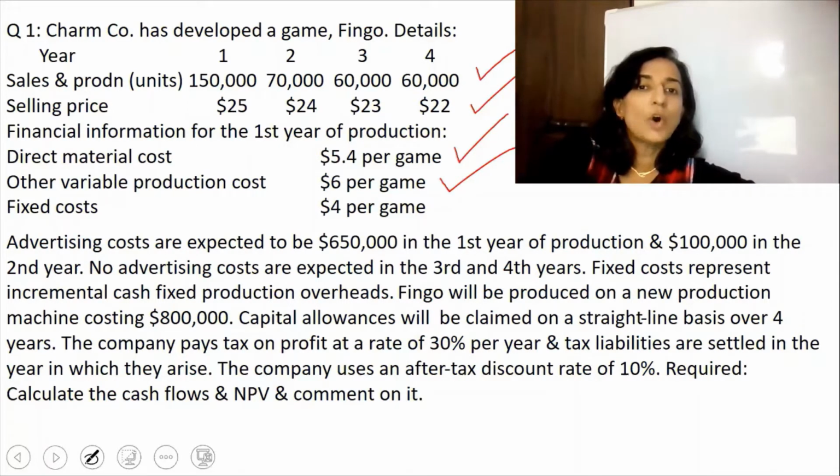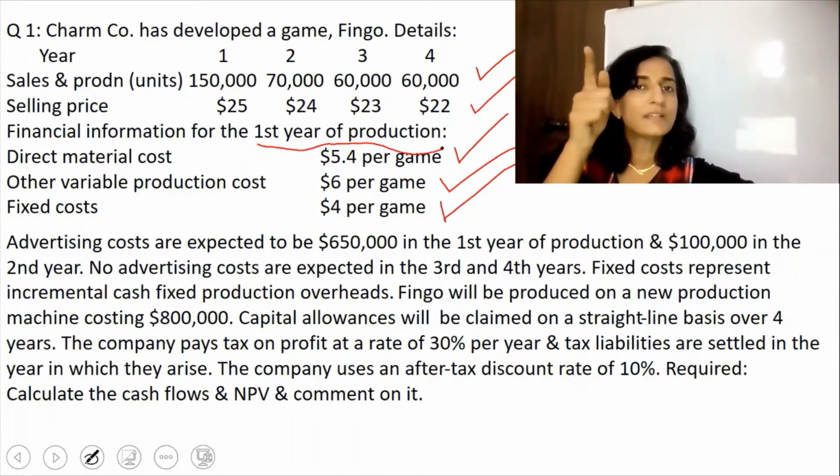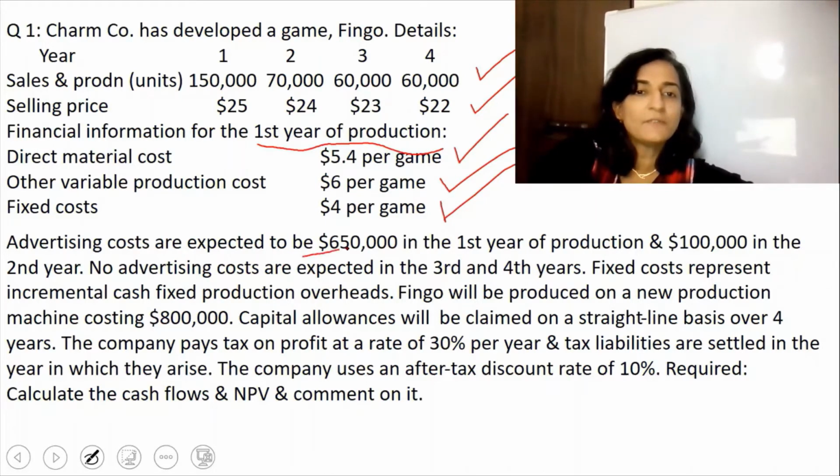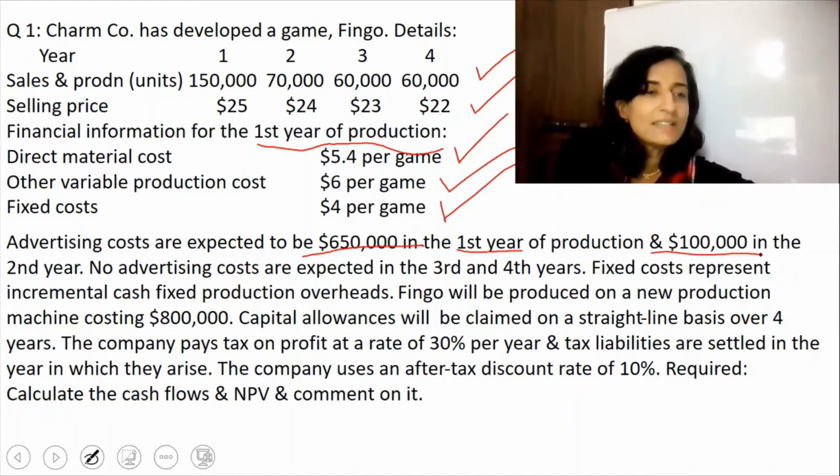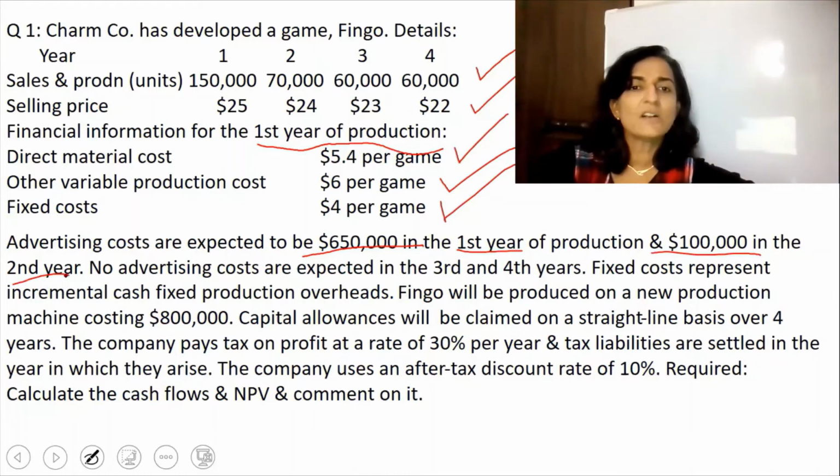Fixed cost $4 per game. Okay, and the information relates to the first year of production. Just put that in mind. Advertising costs are expected to be 650,000 in the first year and 100,000 in the second year. No advertising costs are expected in the third and the fourth years.